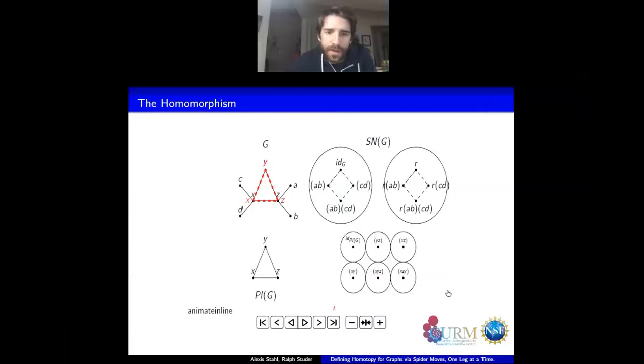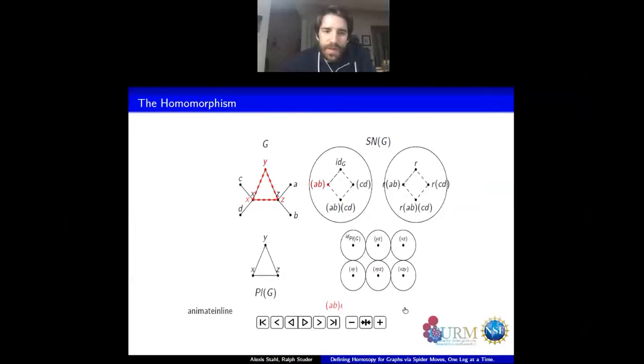And if we are in the left-hand side of spidernest G, all those components will be sent to the identity of pleat G. And iota will inject pleat G back into G. So if we then compose AB with iota, we still end up in the same automorphism in G. And then rho sends us back to the identity in pleat G. And then iota would send the same automorphism of pleat G back into G.